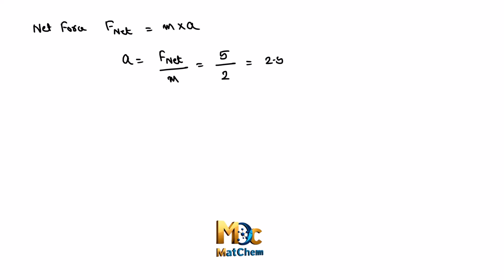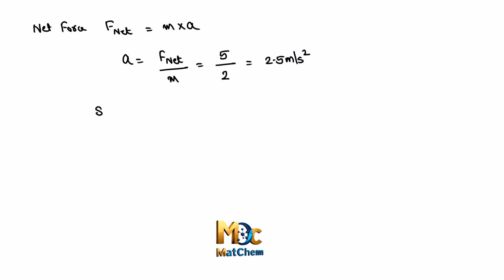The net force F net is equal to mass into acceleration. Therefore, acceleration is equal to net force divided by mass. The net force is 5, the mass is 2 kilogram, so that is equal to 2.5 meter per second square. So we got the acceleration as 2.5 meter per second square.